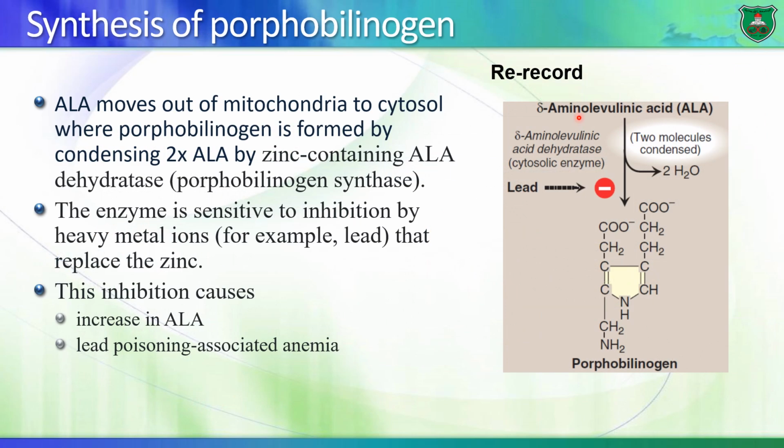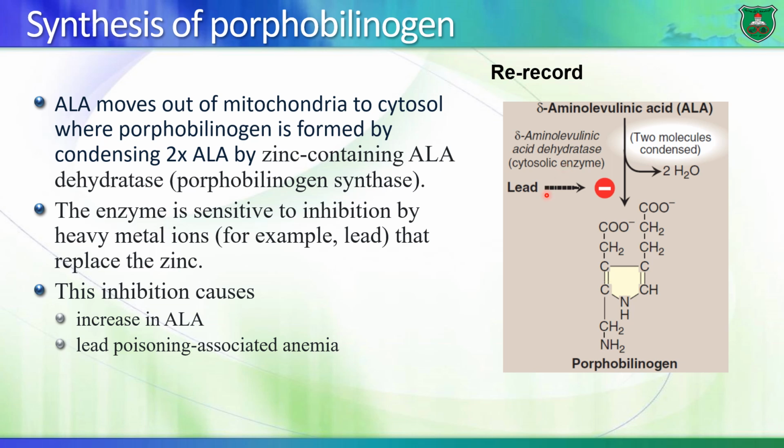Now, the following reaction is basically the condensation of two ALA molecules into an intermediate known as porphobilinogen. Now, this reaction is catalyzed by an enzyme known as ALA dehydratase, and this enzyme requires zinc, or it has zinc in its active site.